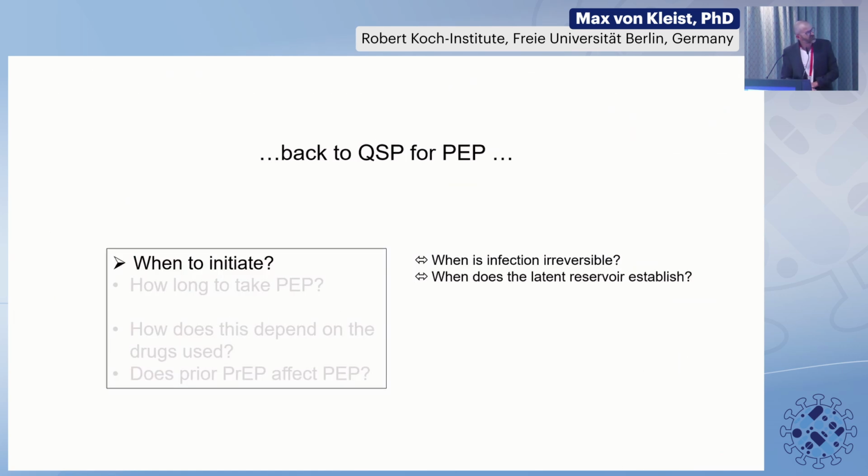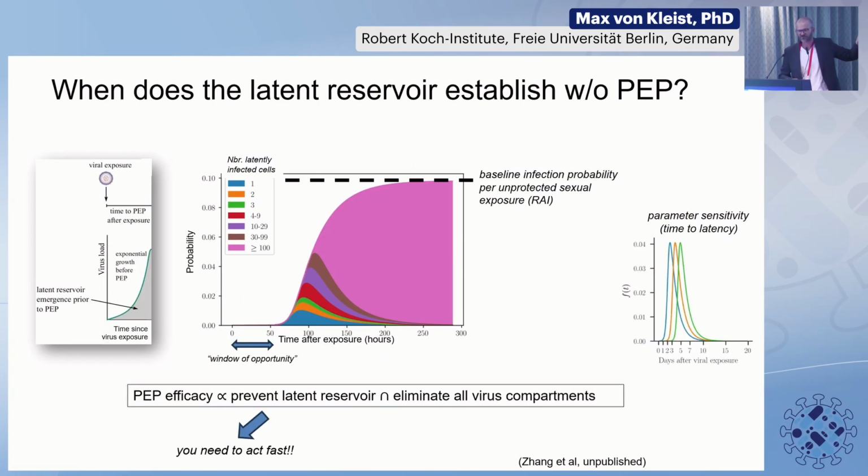Now, if we go back to the questions that we want to answer, the first was when to initiate PEP. This translates directly into the question of when the infection is irreversible, and that translates into whether the latent reservoir has already been established.